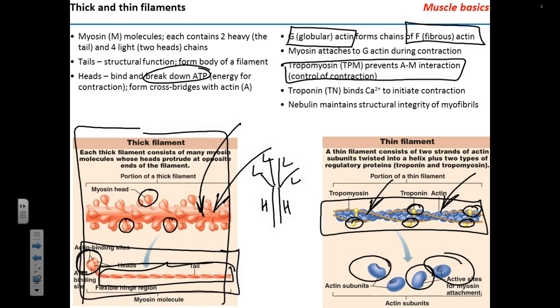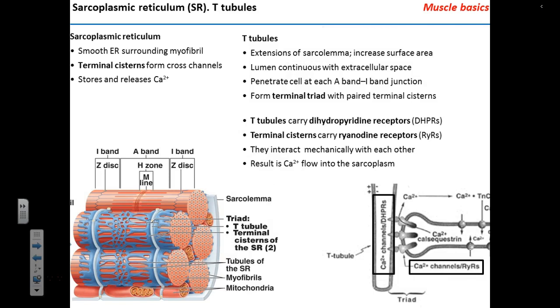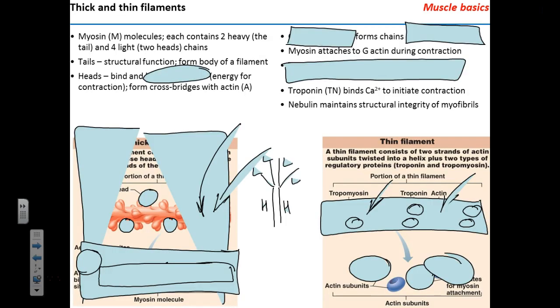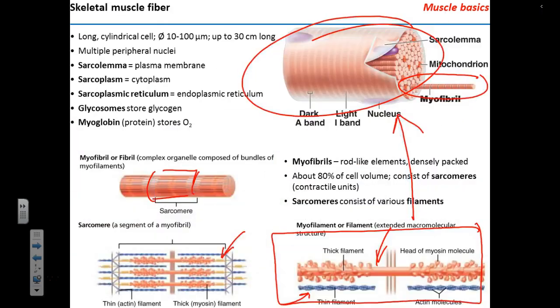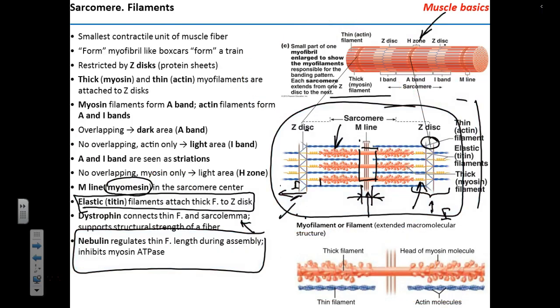Now, to make sense out of the sarcomere, which we'll discuss a little bit later, what I want you to understand is the very basic mechanism of contraction. Look at the sarcomere.